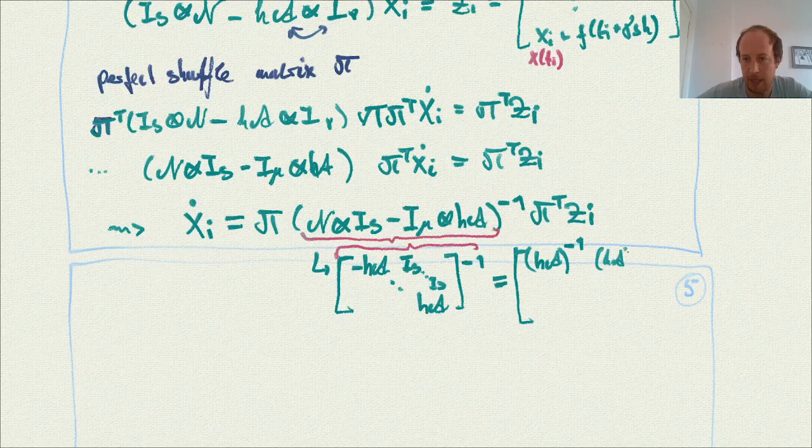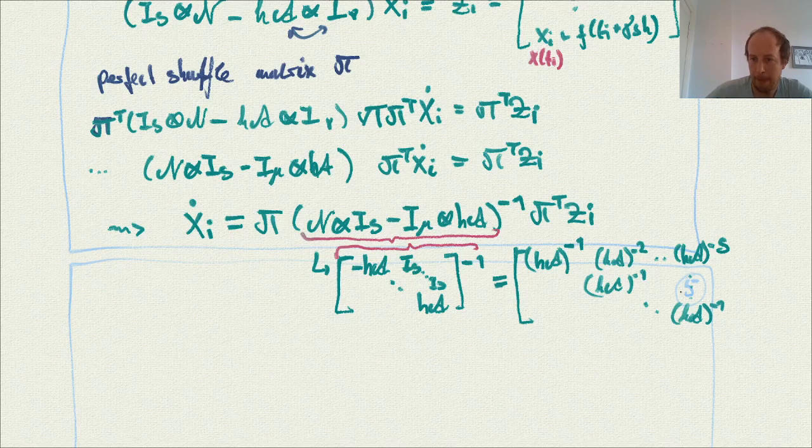We'll have hA to the -2, and this goes to hA to the -s. And here we have hA to the -1 on the diagonal, hA to the -1.